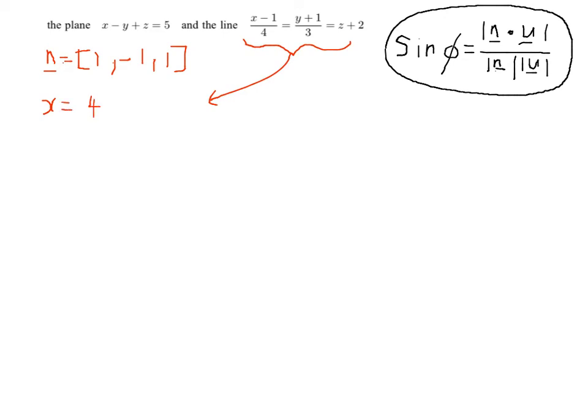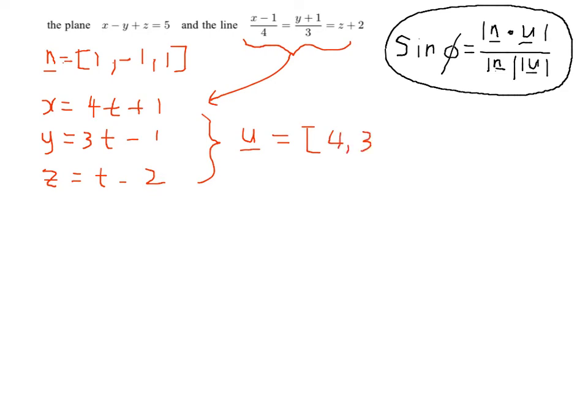That would be x equals 4t plus 1. And then y will be 3t minus 1. And finally, z will be t minus 2. So here, the coefficient of t tells us the story about the direction vector. So this implies that the direction vector of the line will be 4, 3, and 1.